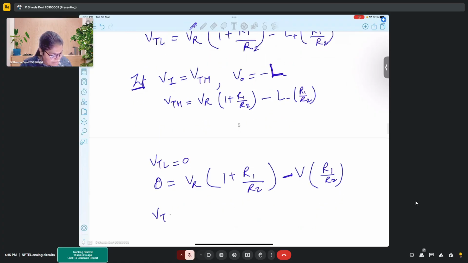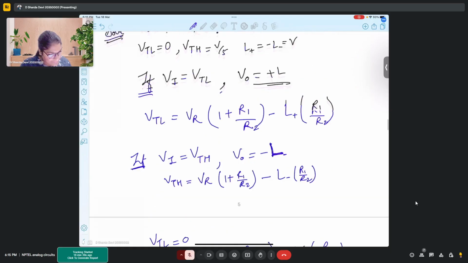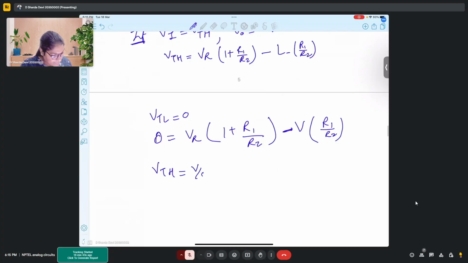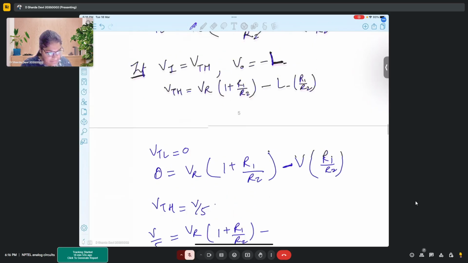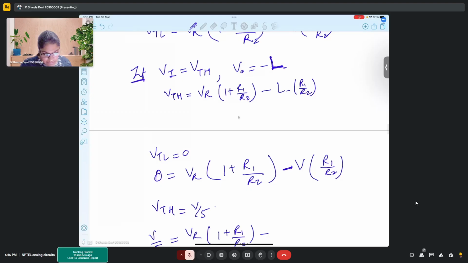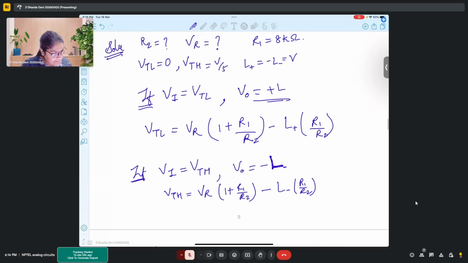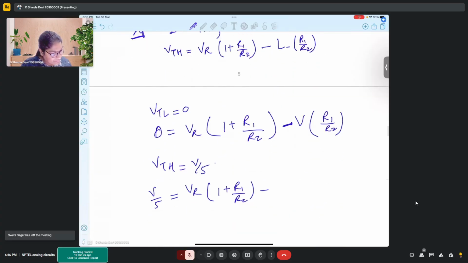And VTH was V by 5, so V by 5 equals VR (1 plus R1 by R2) minus L minus, which is minus V, so this becomes plus V R1 by R2.